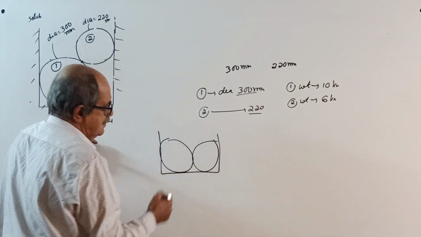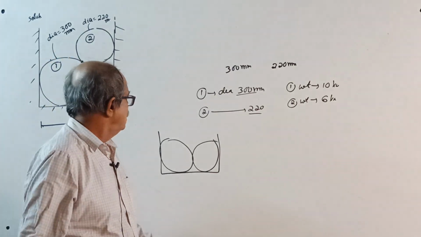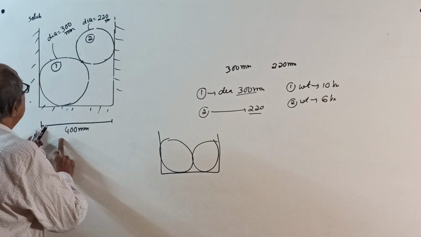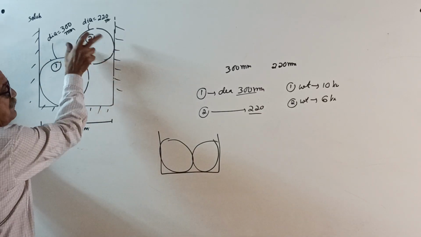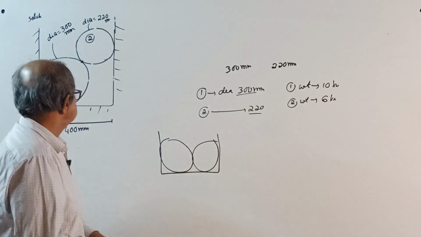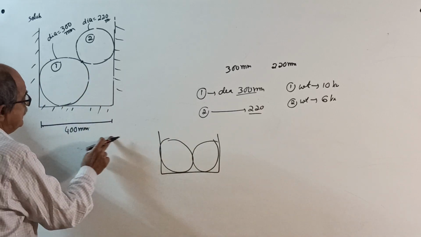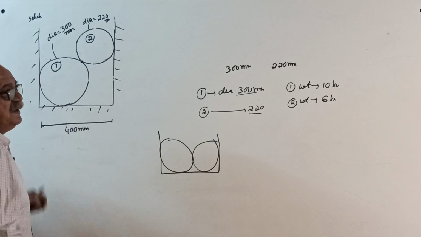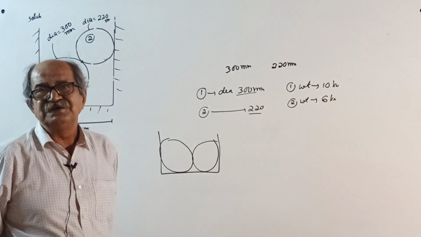Then there is no question of one cylinder placed over the other one. Therefore, they have to give a length which is less than this diameter plus this diameter. That they have to take care. Yes, I have taken care. This is 400 millimeter. Also, I should give this dimension more than the diameter of the higher cylinder. That much common sense is required from the person who sets the question.